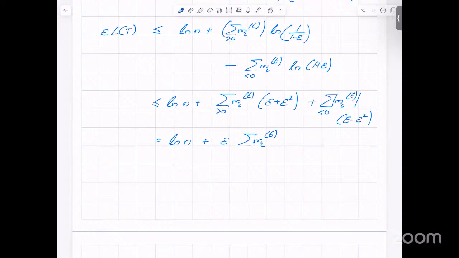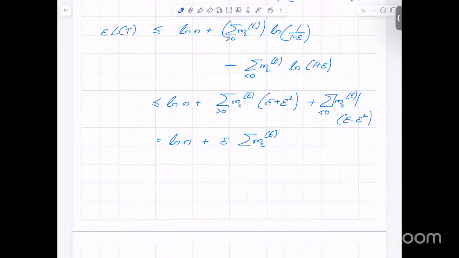One second. Okay, let's go here again. On ln 1 plus x, it is epsilon minus epsilon square.